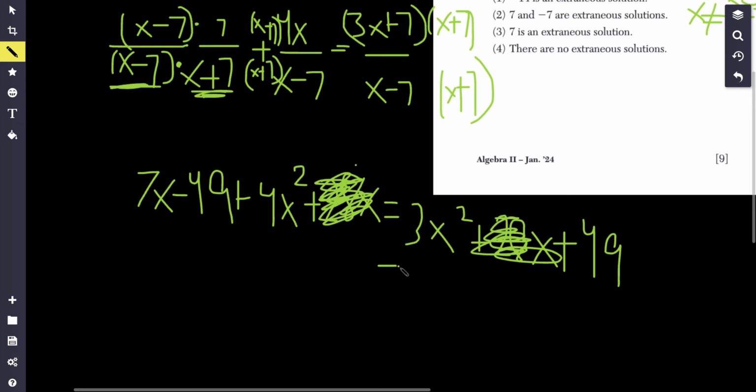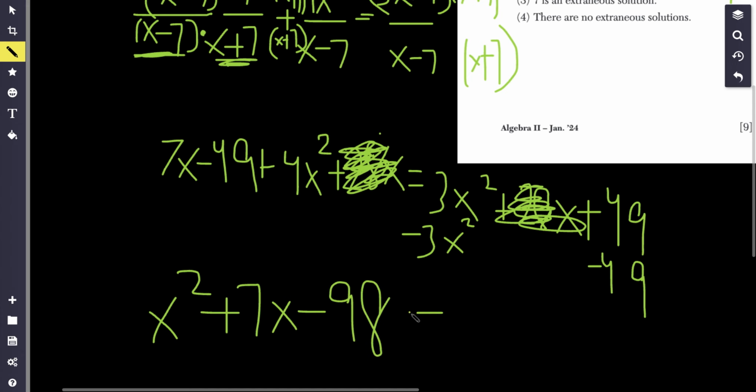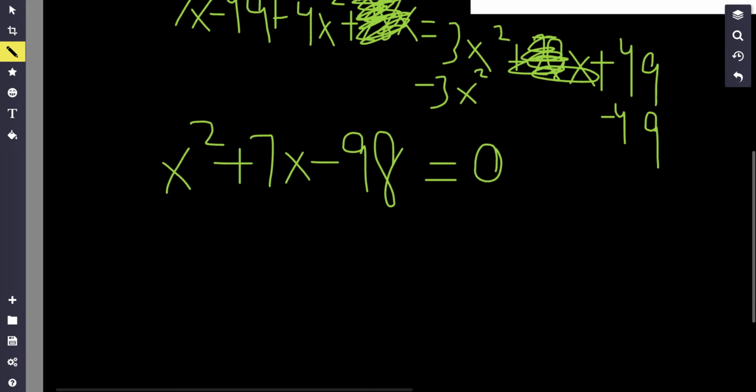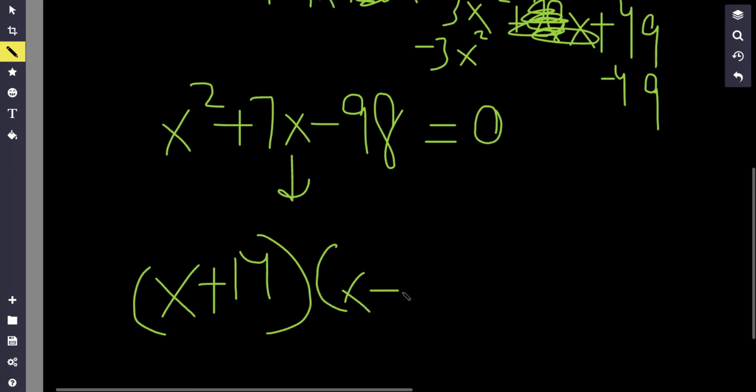So if I move everything to the opposite side, I subtract 49 on both sides, I subtract 3x squared from both sides, I'm going to get x squared plus 7x minus 98 is equal to 0. And if you factor this, you're going to get x plus 14 times x minus 7 is equal to 0.